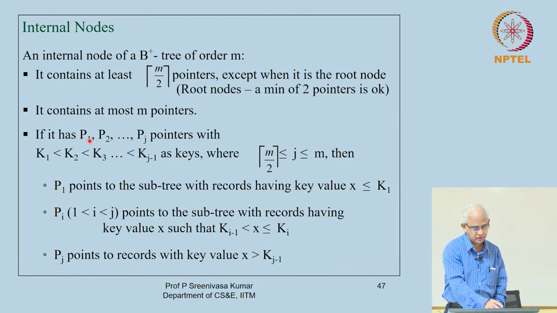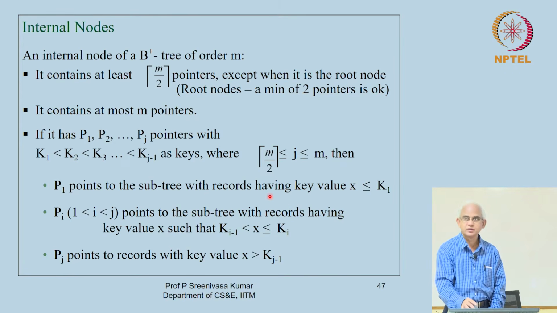Say if it has P1 through Pj pointers with K1 less than K2, strictly increasing, up to Kj minus 1 as the keys, then this is how the subtrees are pointed. Pj points to records with key value x greater than this particular last key. Okay. So, this is clear.